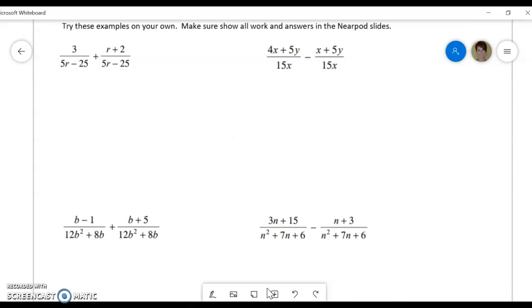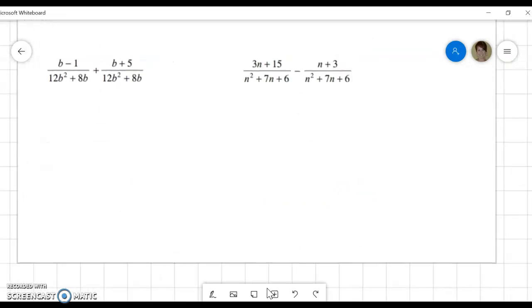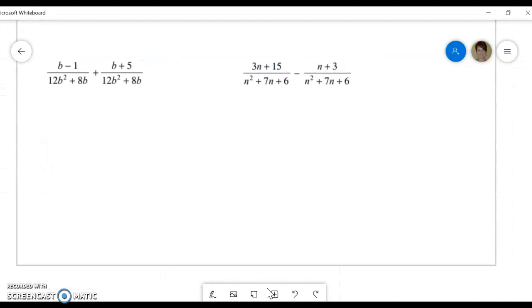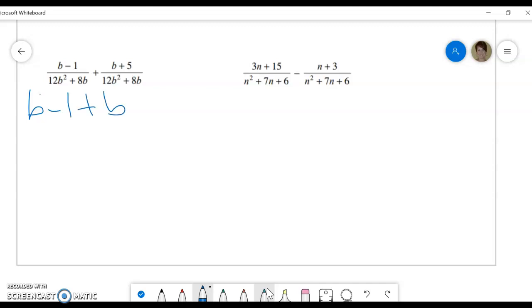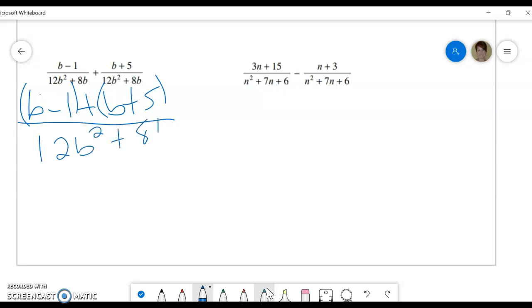So let's scroll up here so I can get ready to do this. All right, let's look at this first one. This is addition. And I do think it really helps when students write what you're adding in one big numerator. Technically, I guess I could write it like that too if it helps you see that we are putting everything over 12b squared plus 8b.